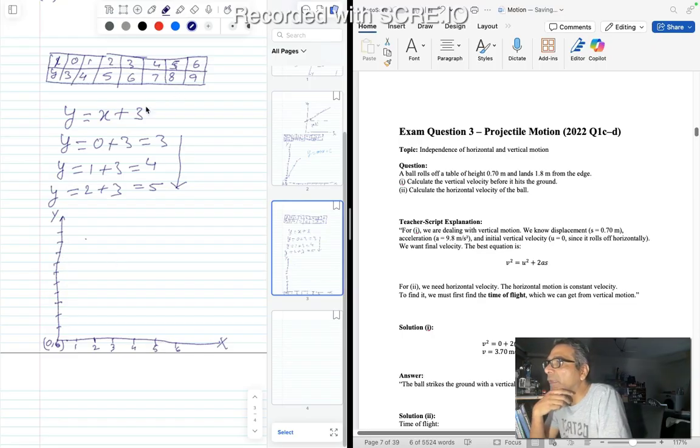Okay, and we now place the dots. So now x is 0, y is 3. X is 1, y is 4, then 5, then 6.